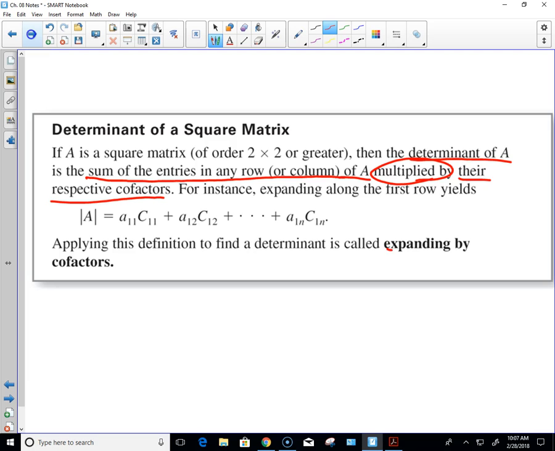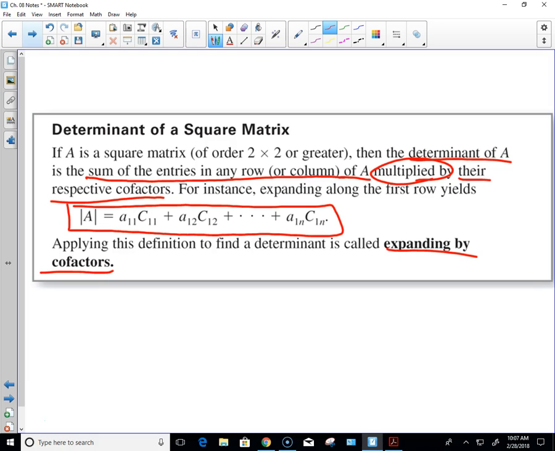This whole idea is finding the determinant by expanding cofactors, and I would probably write down the formula. I don't think you really need anything else. To find the determinant, expanding by cofactors, you're going to take the sum of the entries in any row or column you get to choose, multiplied by their respective cofactors. That's all this math is saying.